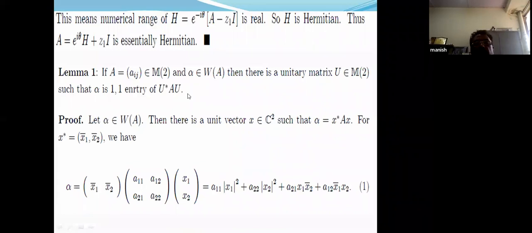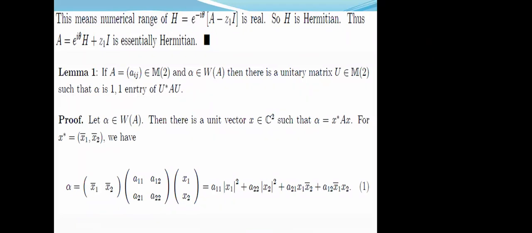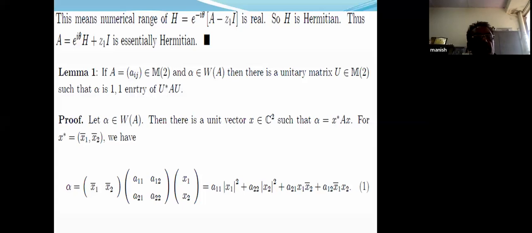Now we come to discuss the convexity of the numerical range of a matrix. For this we start by showing that the numerical range of a 2 by 2 matrix is a convex set. For this we need some simple properties, and we study them as lemmas.